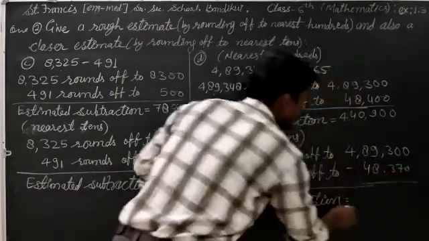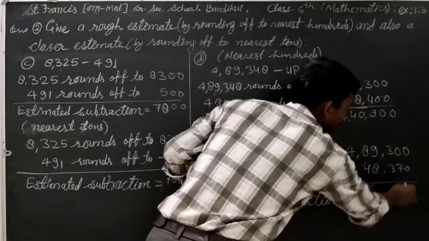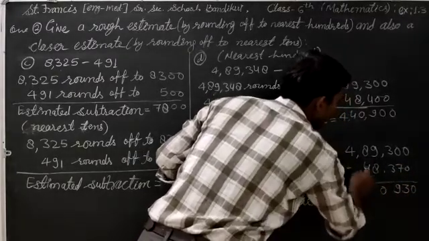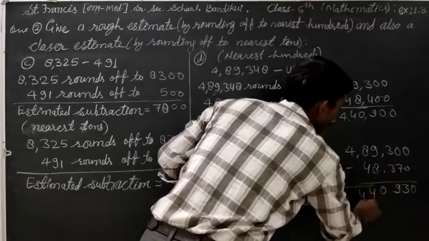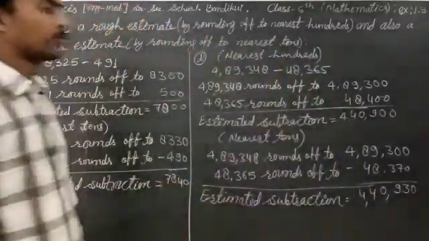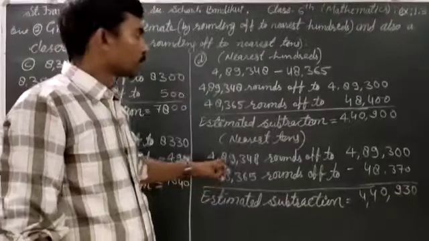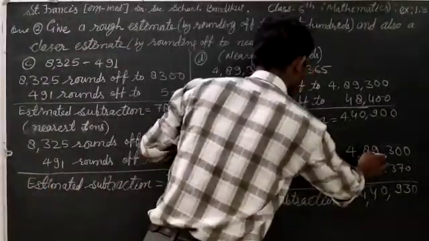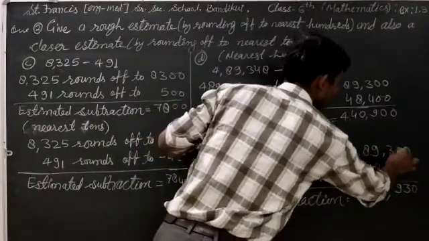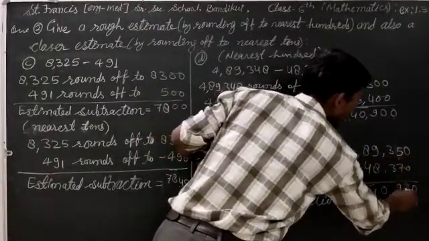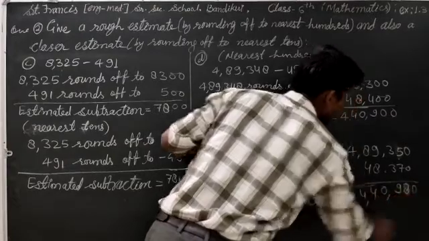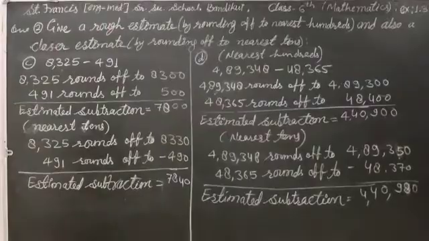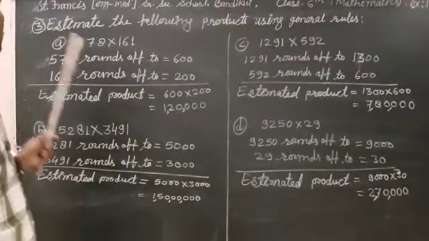The estimated subtraction will be 4,40,930. So this is question number second. Now we come to the next question, number third.